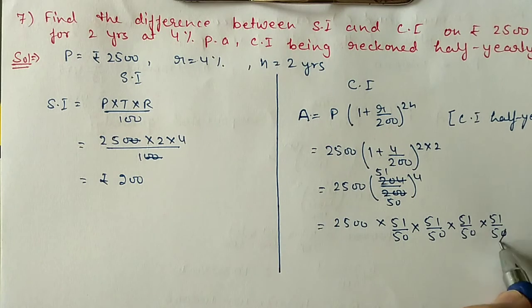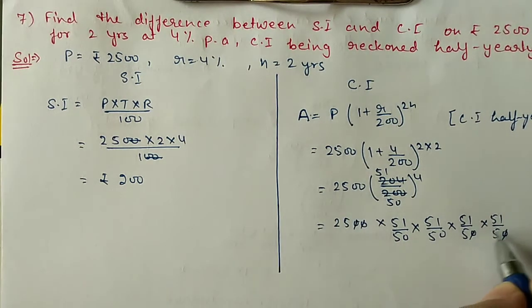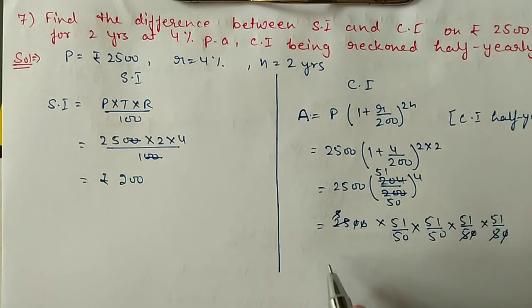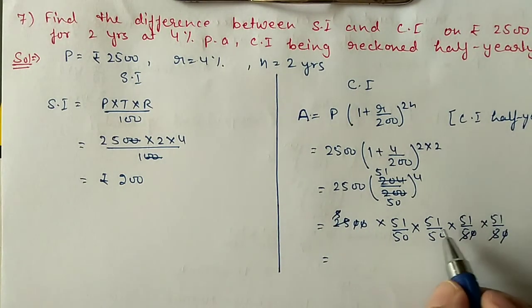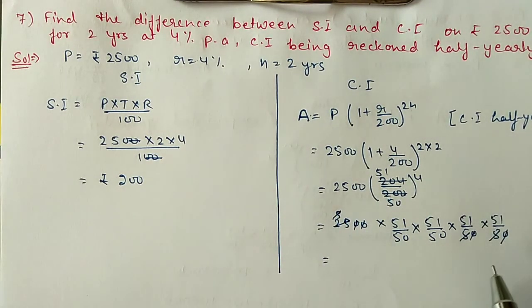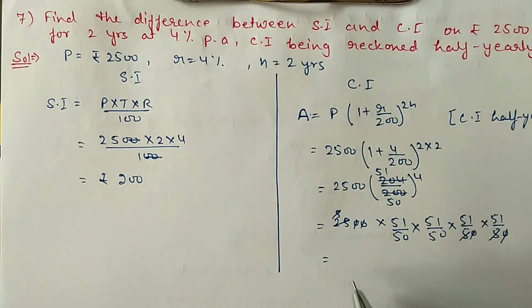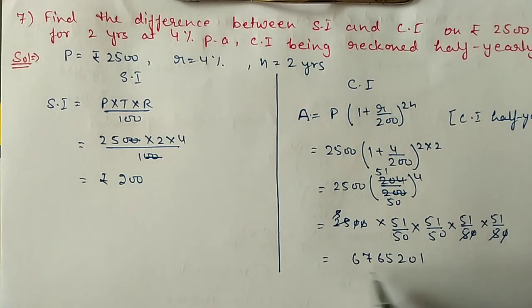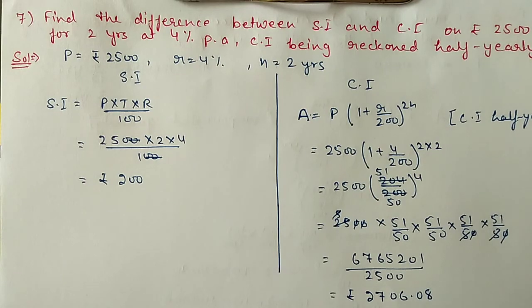Now 2 zeros we can cancel out, and 5 5s and 5 again 5. So these 51 4 times we have to multiply, and denominator after multiplication we will get 6765201 divided by 2500, and after changing into decimal we will get 2706.08.